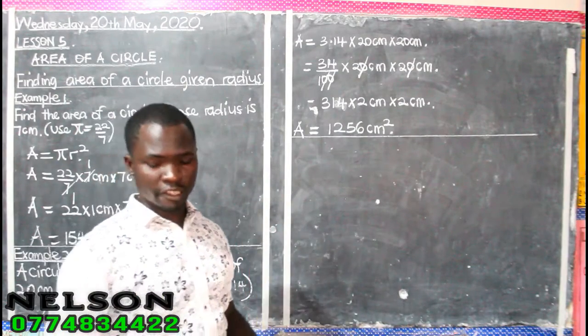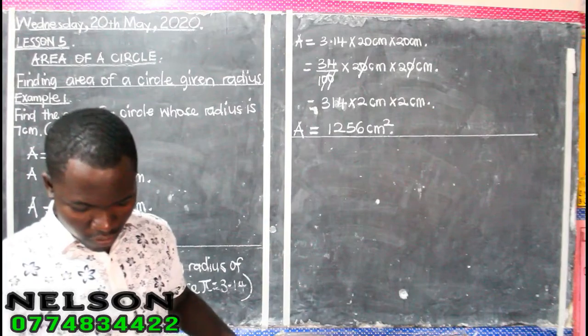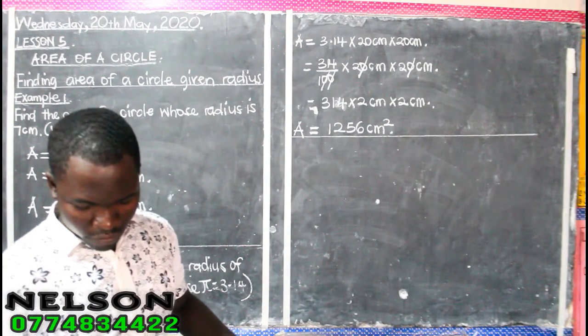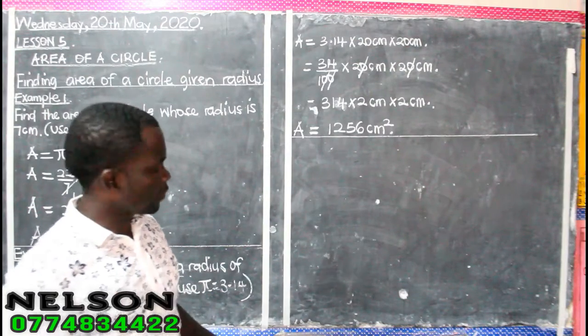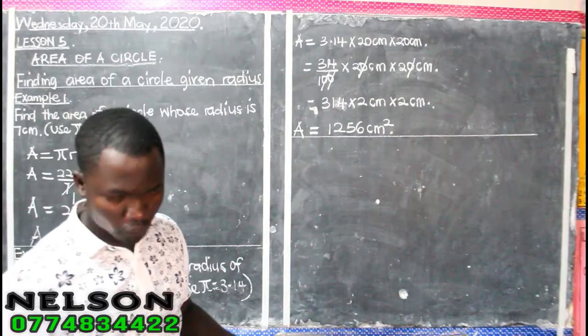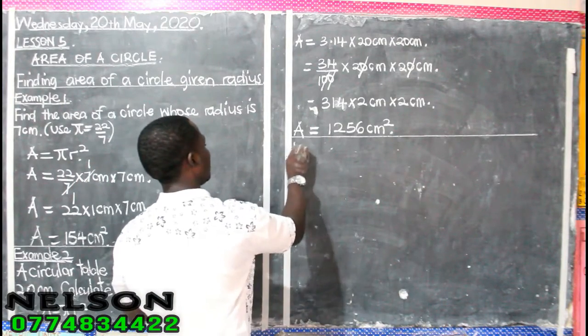Let's go to our last example, and we have some work for you as an activity. So, example 3. The area of a circle. Let me write it here.